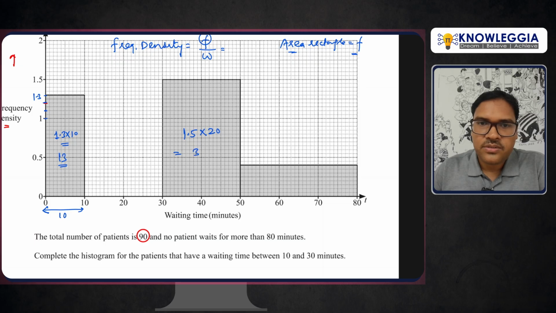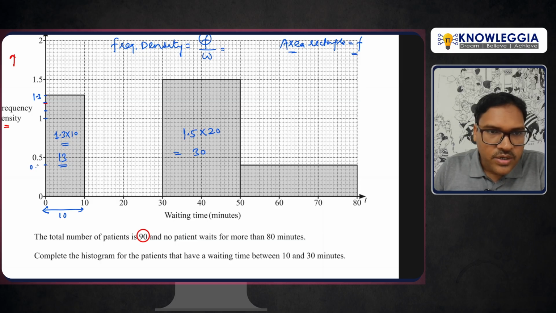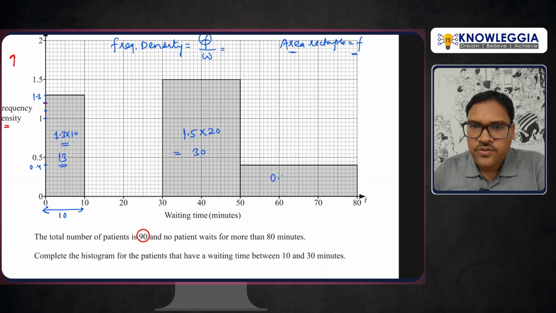So this is equal to 30, right? Similarly, what is the frequency density here? You can see for all this is the same. So I can directly write this. This is 0.4. So this is 0.4 multiplied with, I can directly say, 30. Or you can break this into 50 to 60, 60 to 70, 70 to 80. Ultimately, the value is the same, which is equal to 12, right?